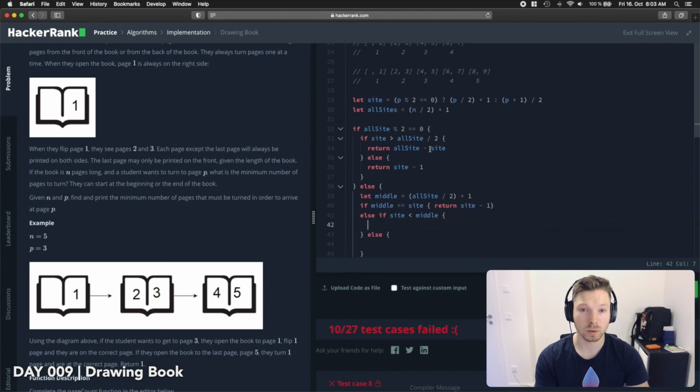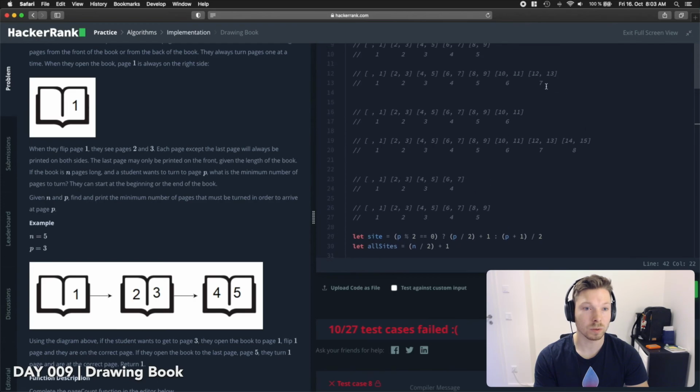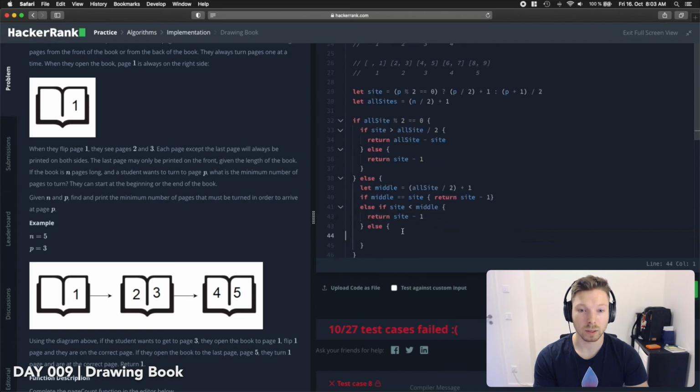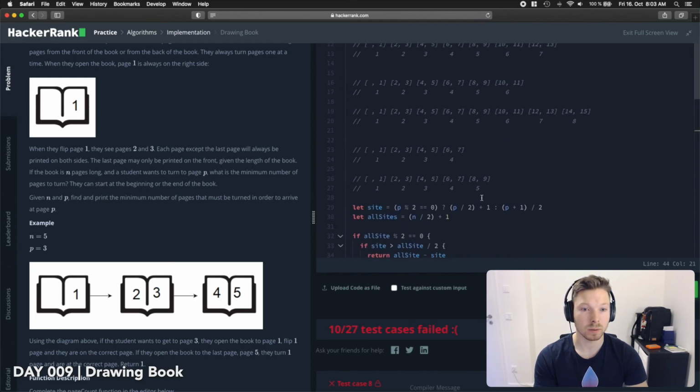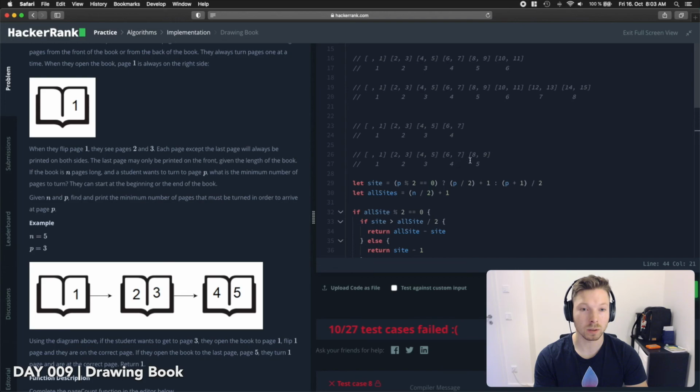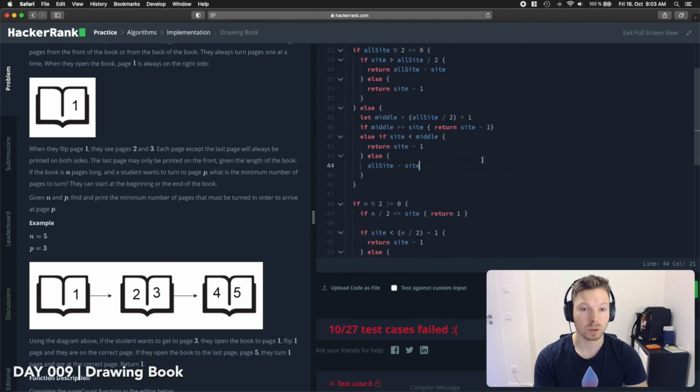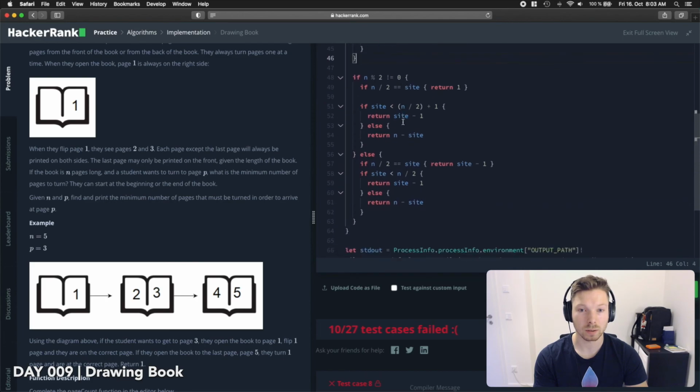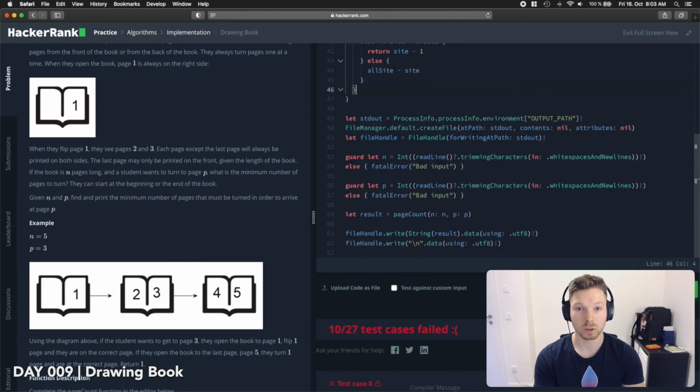If it's smaller than the middle, side minus 1, does it happen for that one too? Smaller than the middle is 3. Yes, 1, 2 turns. Okay, else we want to say all side minus side. All side minus side, which means if it's bigger than that, then that's basically 1 turn, 0 turns. Okay, I think, hopefully, this should work.